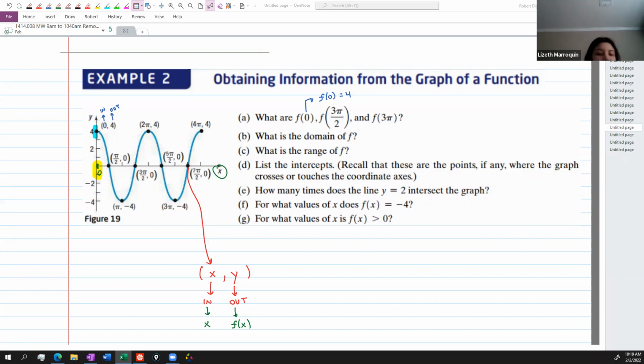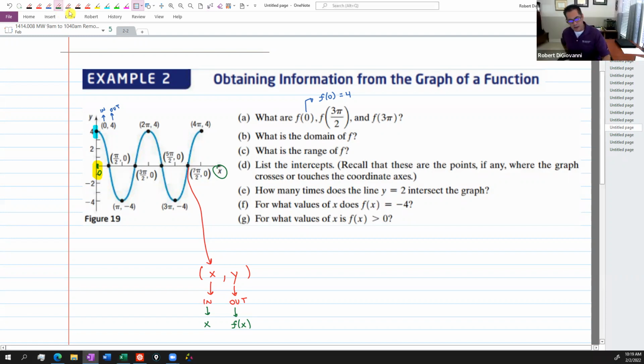Yes, go. Why would you plug it in? Like, why would you plug it in for x and not for y? Okay, so maybe I can illustrate this way. Let's go look at a different function for a second. Let's say I gave you this, okay? How would I let you know, Lizette, that I wanted you to plug in the number 2?